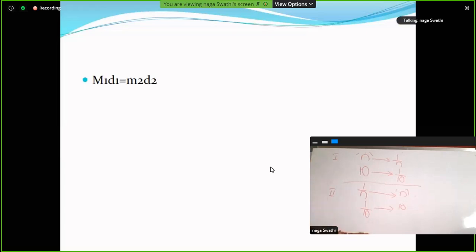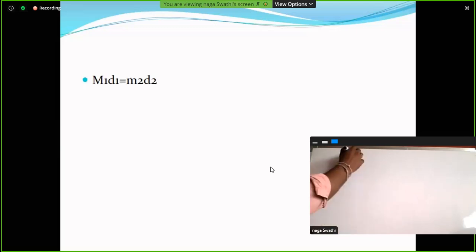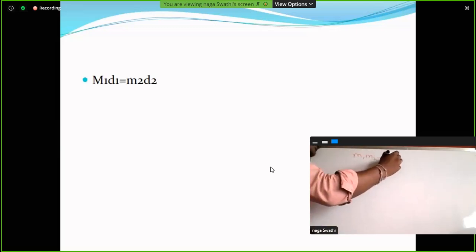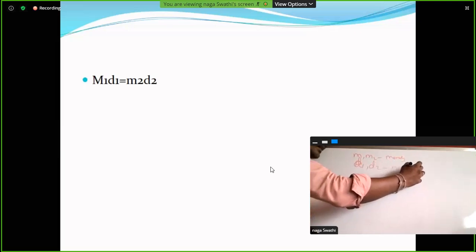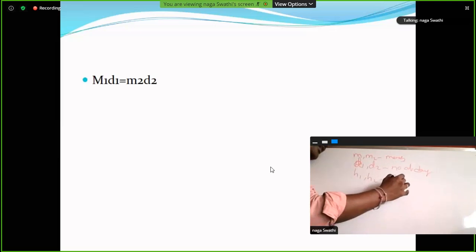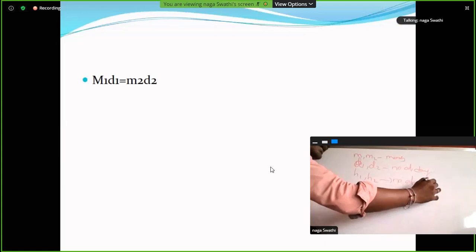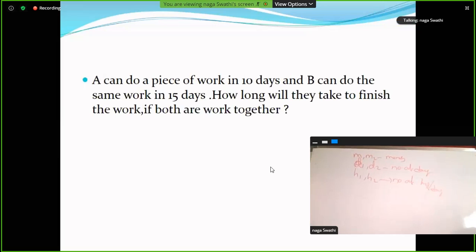Here m1 and m2 are members or persons, d1 and d2 are number of days, and h1 and h2 are number of hours per day. Clear?